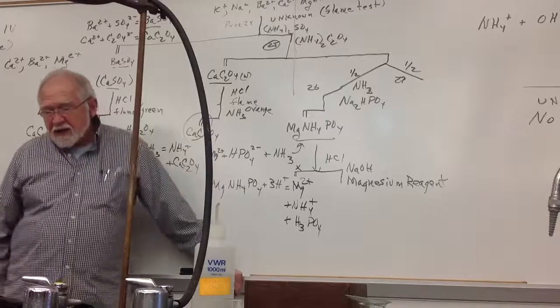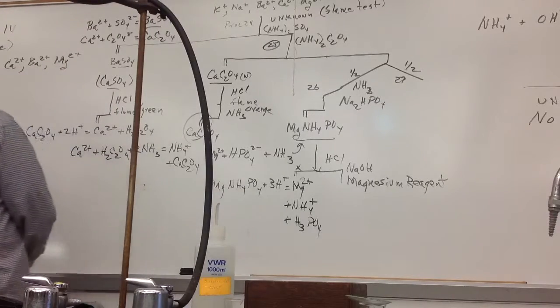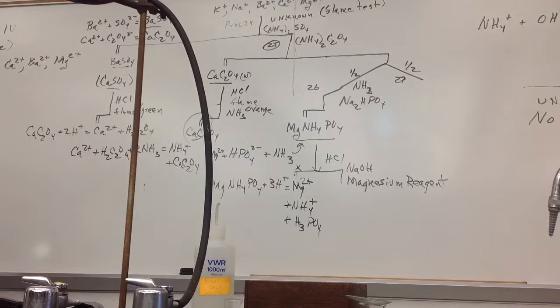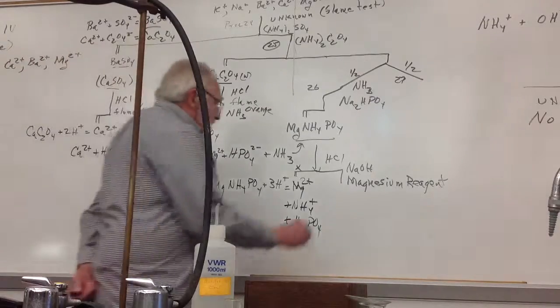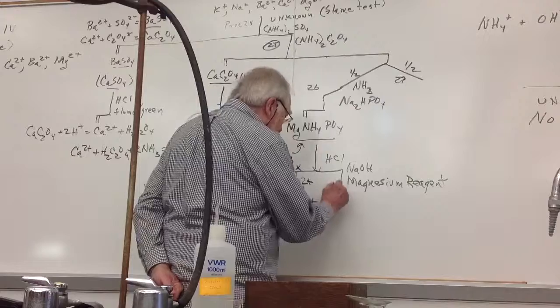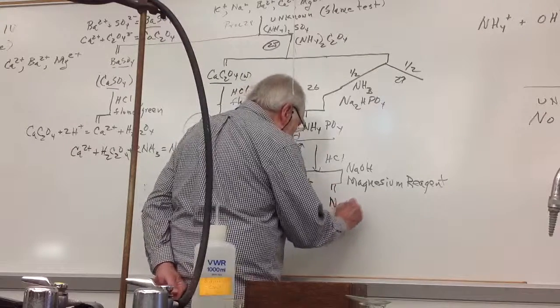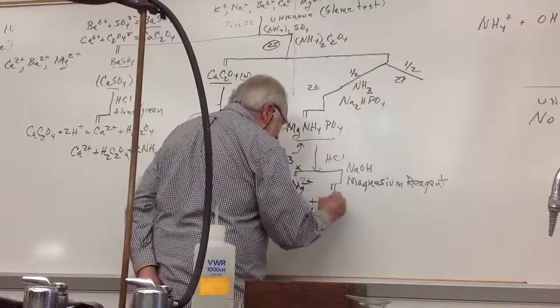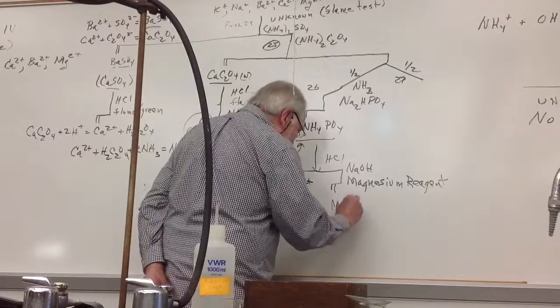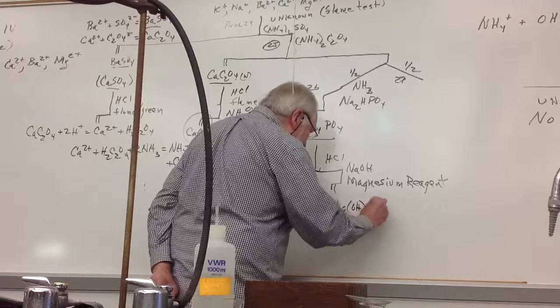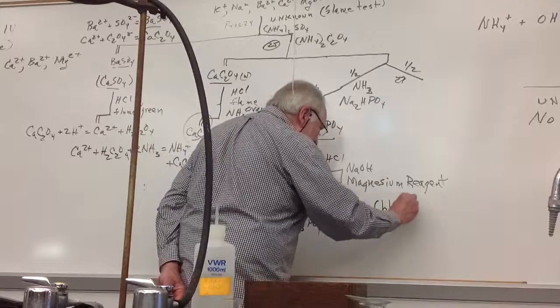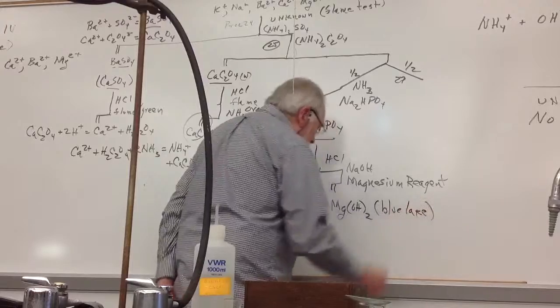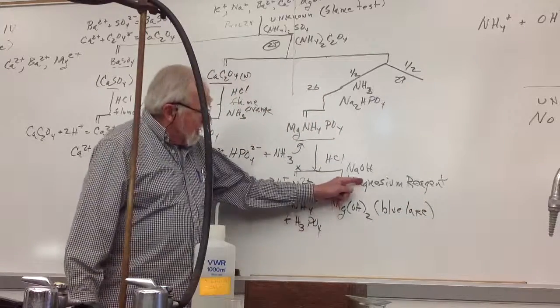The magnesium reagent is just an organic dipara azoresorcinol. It's like the aluminon. It forms a lake with the sodium hydroxide. The confirmatory precipitate here is a blue lake because of this dye that's in the reagent.